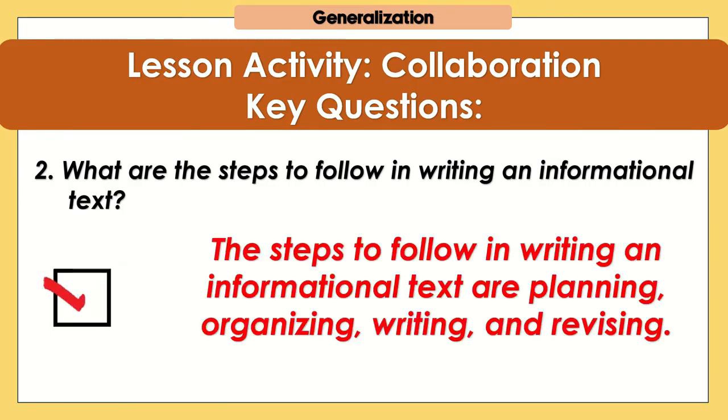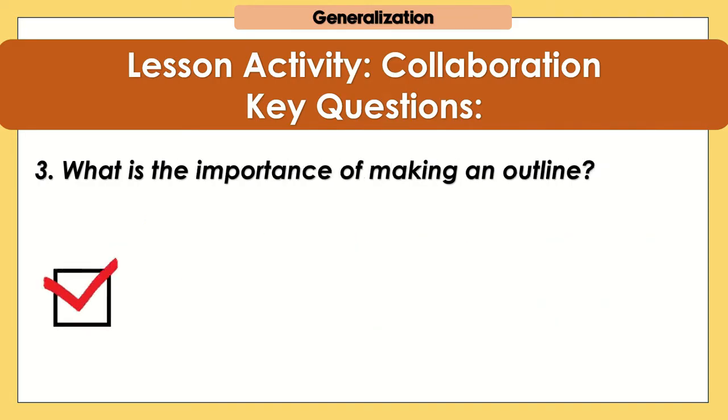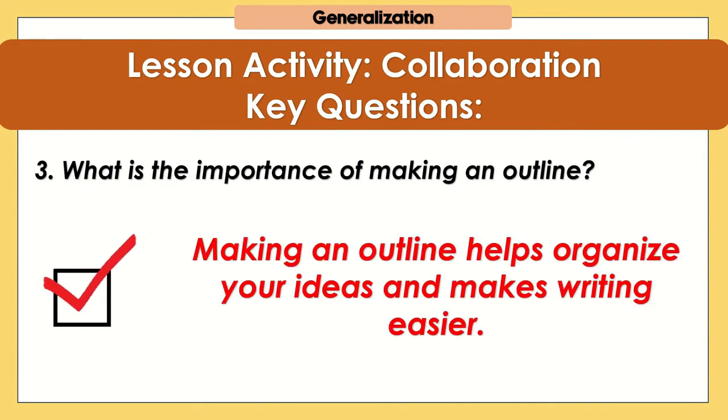You're right, the steps to follow in writing an informational text are planning, organizing, writing, and revising. The third question, what is the importance of making an outline? You're right. Making an outline helps organize your ideas and makes writing easier.